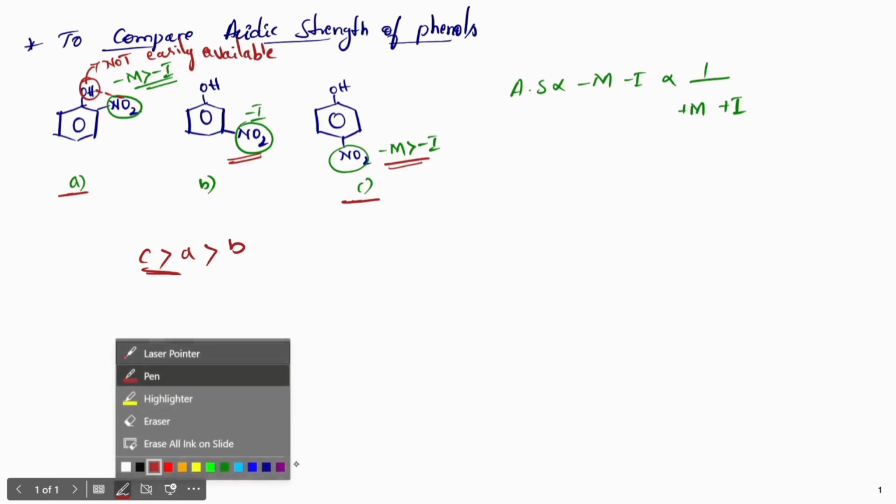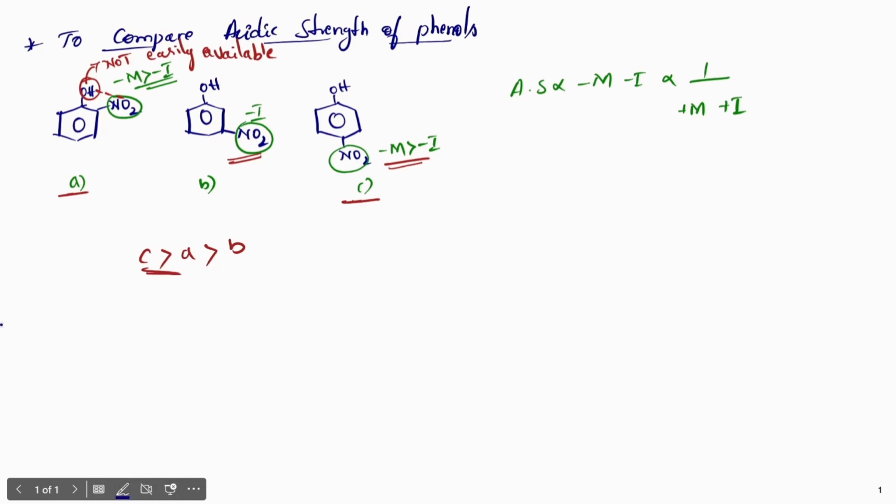And we will take one more example. Phenol with an OH group, where a CH3 group is present at the para position.